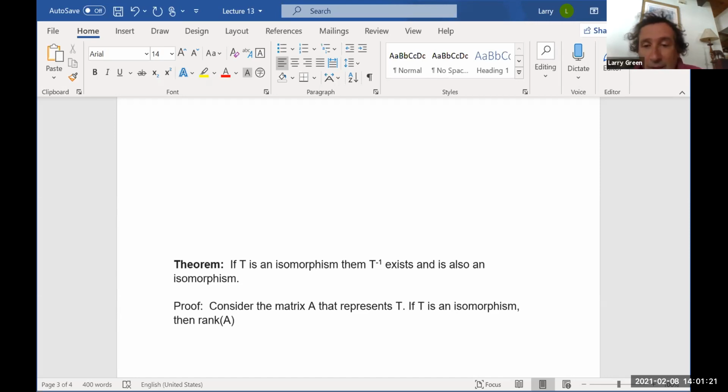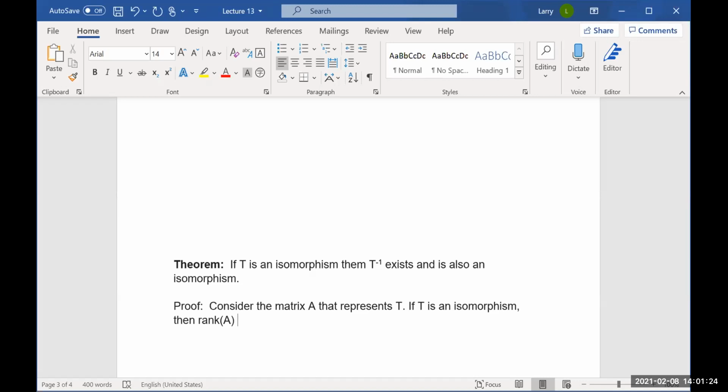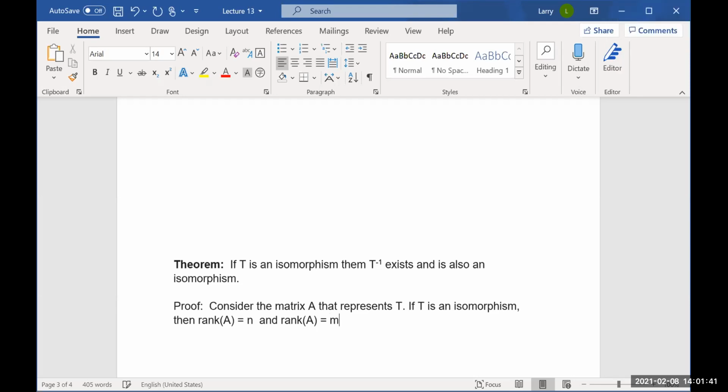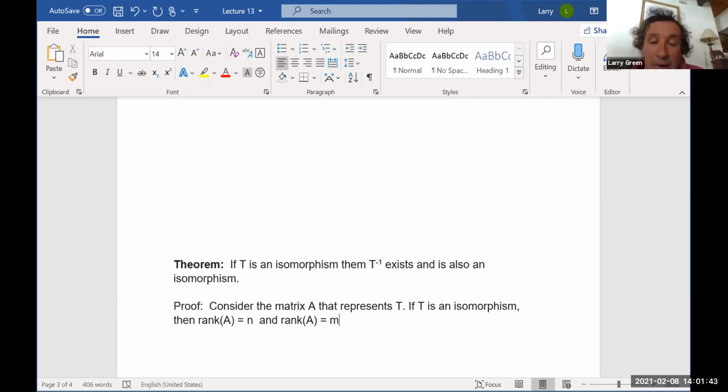It's equal to N. And the rank of A is also equal to M. Remember, 1-to-1 gives you one of them and onto gives you the other one.